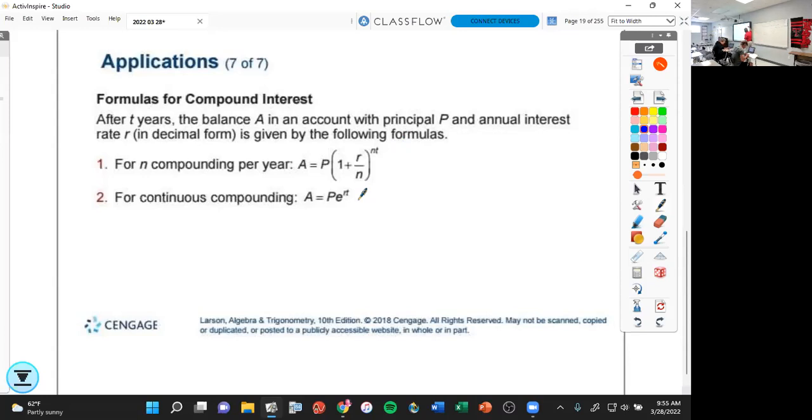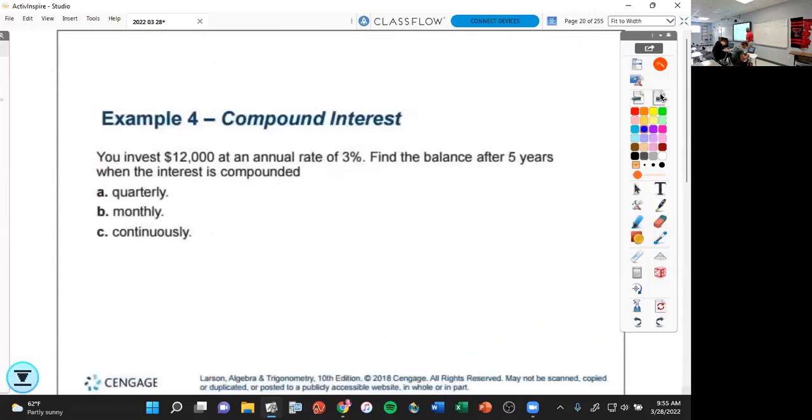All right, we'll go ahead and move on here. You invest $12,000 at 3%. Find the balance after 5 years, compounded quarterly, compounded monthly, compounded continuously. Which one's going to give you the most money? Continuously. Now, folks, this is just a matter of plugging numbers in, right?